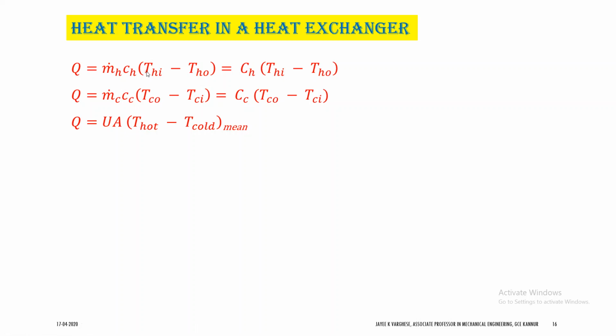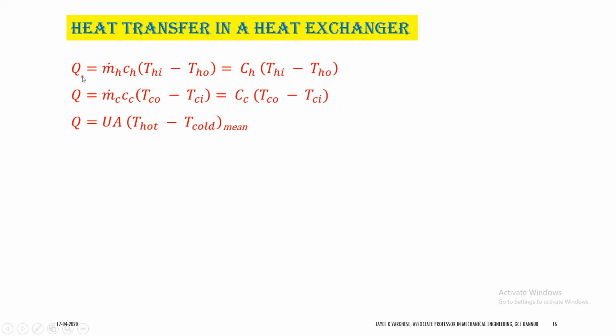Basically we have temperature of the fluids. So T suffix HI, THI means the temperature of hot fluid at the inlet, and THO is the temperature of the hot fluid at the outlet. Similarly, TCI stands for the temperature of cold fluid at the inlet, and TCO the temperature of the cold fluid at the outlet.